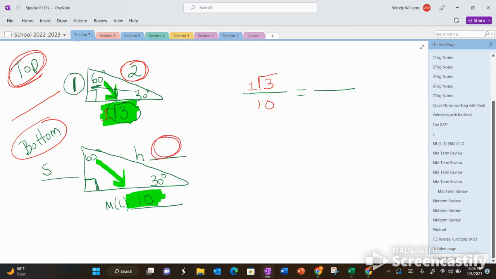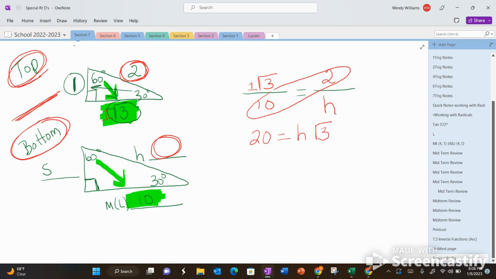Again, we're doing top over bottom. So we're going to take 2 and compare it to the hypotenuse. Cross multiply and solve. 10 times 2 is 20. H times 1 square root of 3 is nothing but h square roots of 3.